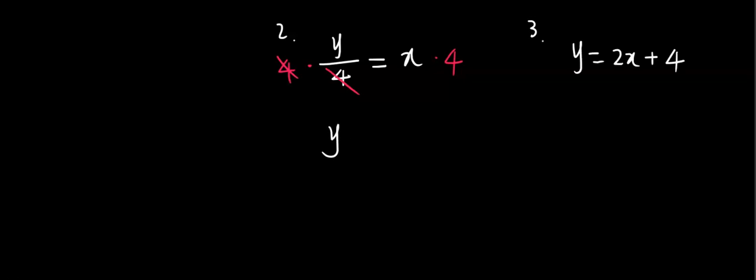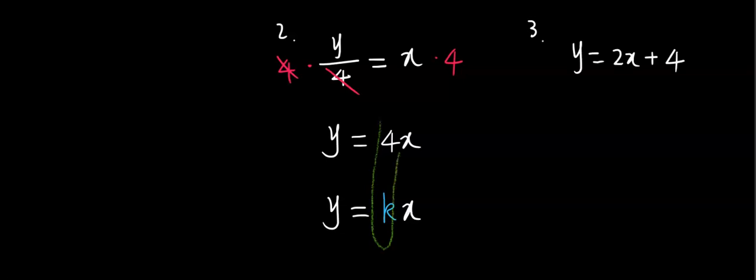So y equals 4x. Oh, is that the form you learned a long time ago, y equals kx? That is direct variation. The constant of direct variation, in this case, is 4. So this is a direct variation.